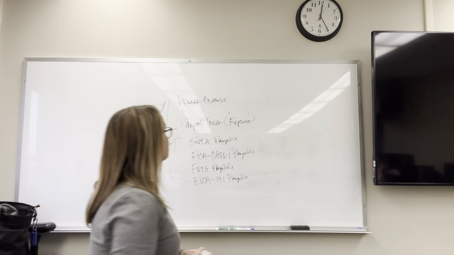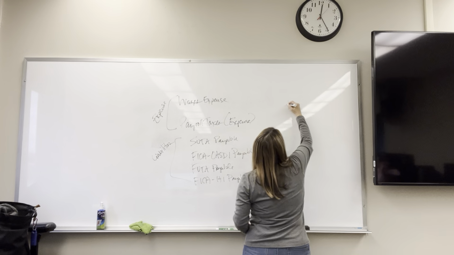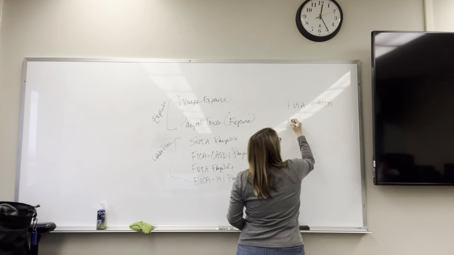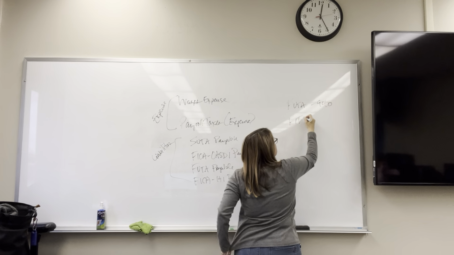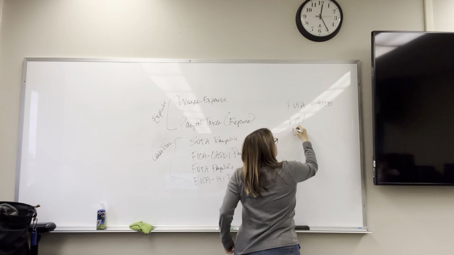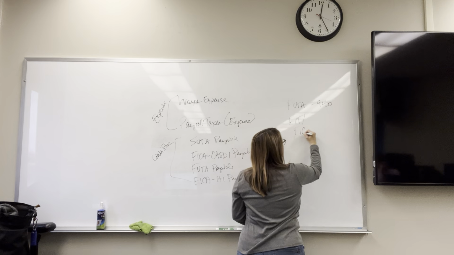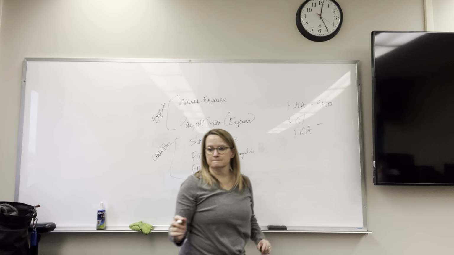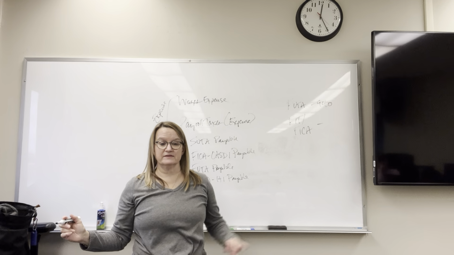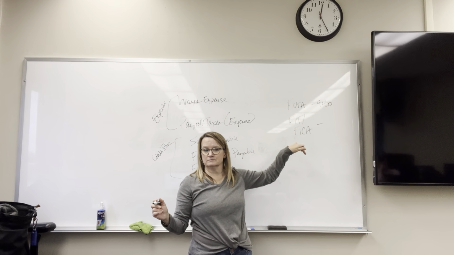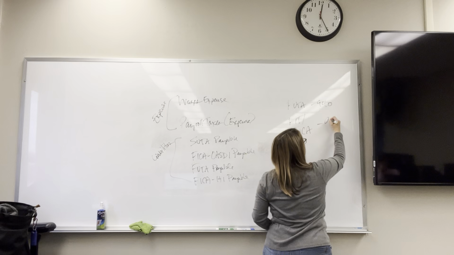So FUTA, Form 940. For federal income taxes and FICA taxes, what's that form? And this one's quarterly. 941. Yes, 941.